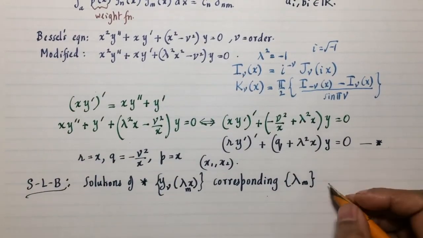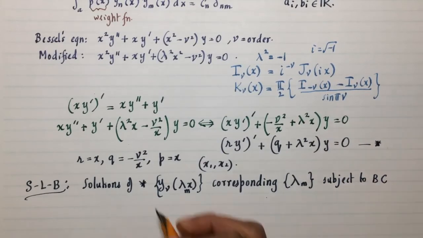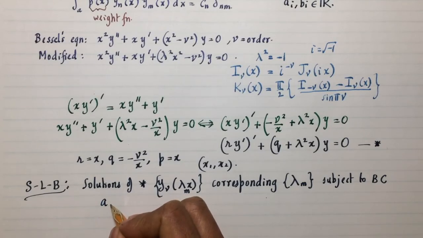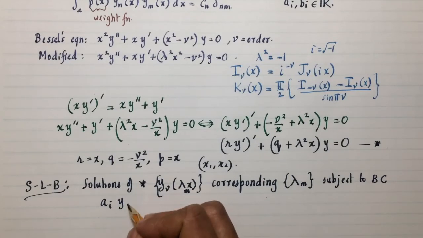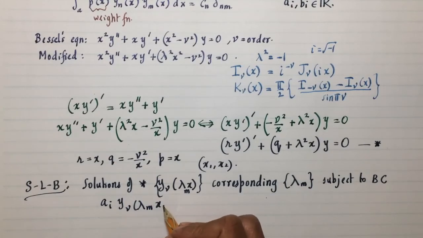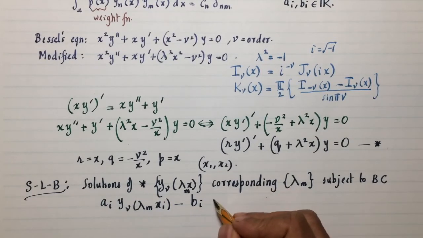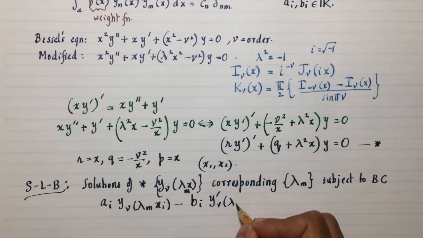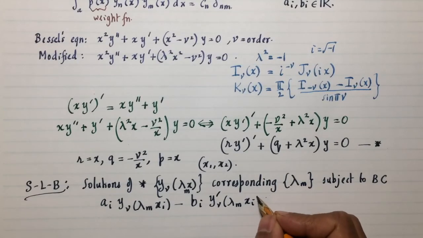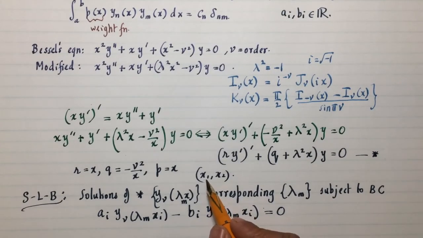So corresponding to lambda m, subject to the boundary conditions, a i y nu of lambda m x i minus b i, the derivative, so that's y prime nu of lambda m x i, equal to 0. x i means evaluated at x i, where i is 1 and 2.